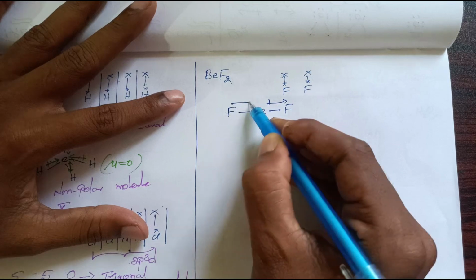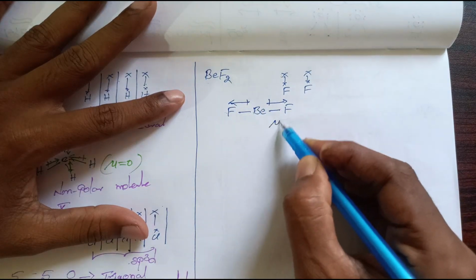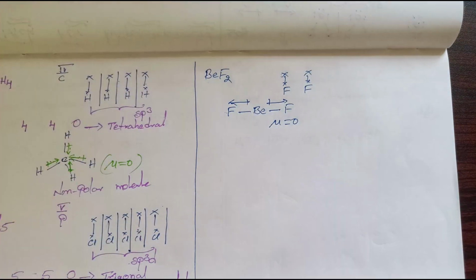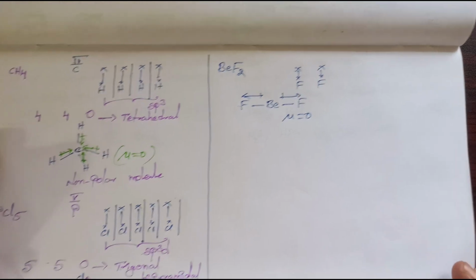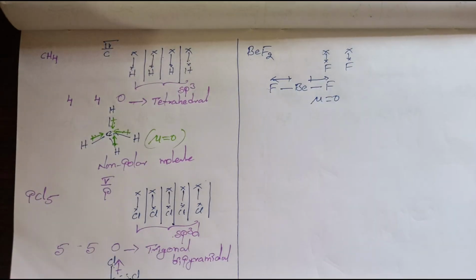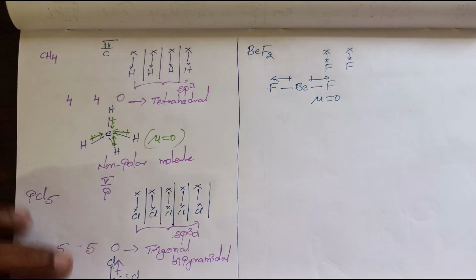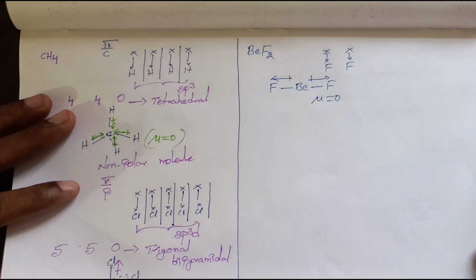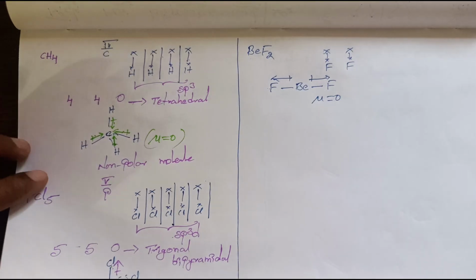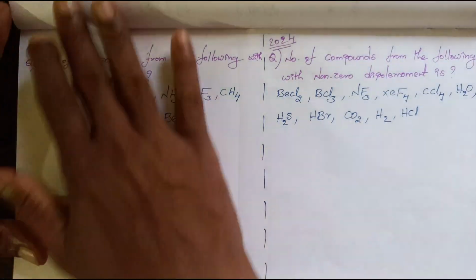This is this direction, this is this direction, dipole moment equal to 0. So different molecules are there. So based on all these observations, yesterday's videos and today's videos, I am giving you now previous mains question examples, how they are asked the question. Once look at the students previous mains questions.